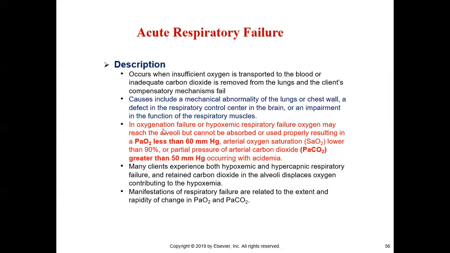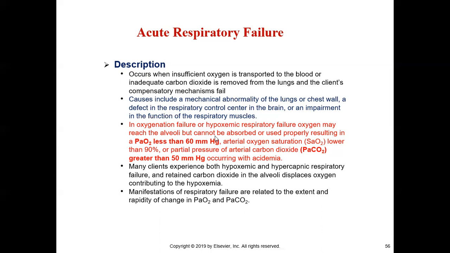In oxygenation failure, or hypoxemic respiratory failure, oxygen may reach the alveoli but cannot be absorbed or used properly, resulting in a partial pressure of oxygen less than 60 millimeters of mercury, arterial oxygen saturation lower than 90, and partial pressure of arterial carbon dioxide greater than 50.